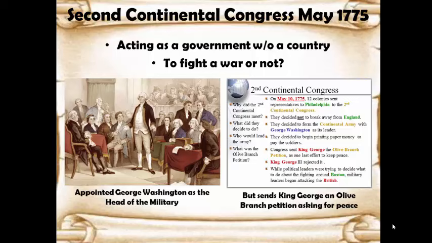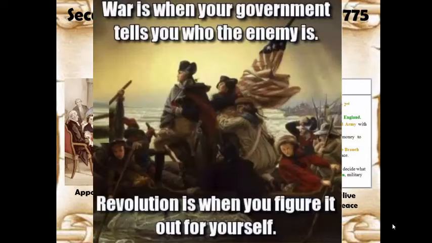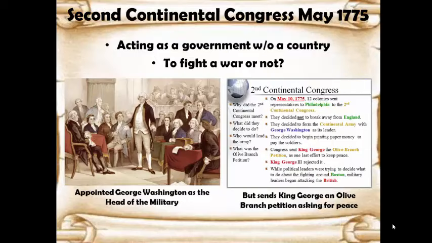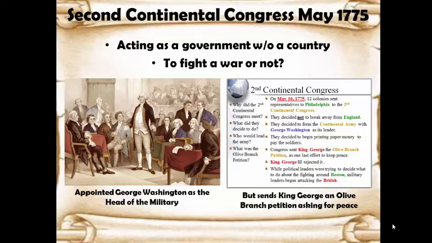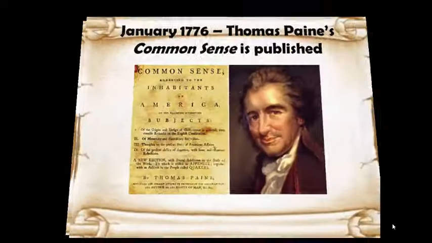This Revolutionary War, and remember, a revolution is when you overthrow the government, which at this point is Parliament and the king. They named George Washington to be the head of the army, but the fighting has already begun. Okay, there's a stalemate reached in Boston. The British are occupying the city, and the Patriots are surrounding it. But we still have yet to declare independence.